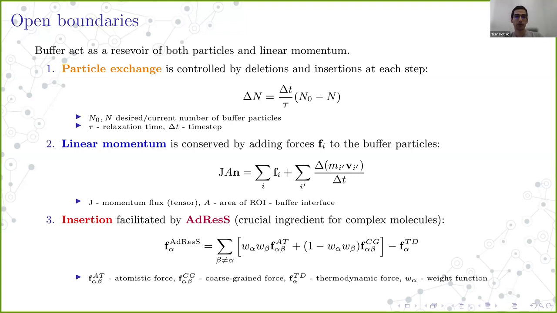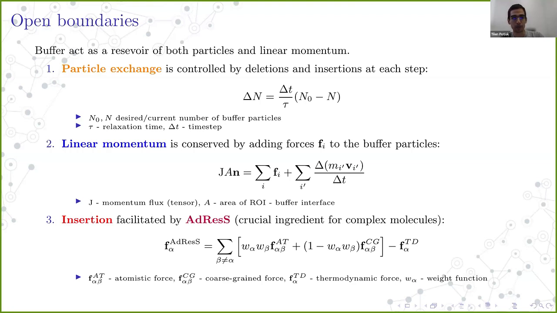N0 is the desired number of buffer particles, and n is the current number of particles. And here I mentioned this word buffer. In the simulation box, you have a region of interest where you calculate all the properties that you want. And this is surrounded by a buffer region, which acts as a reservoir of particles and also linear momentum.